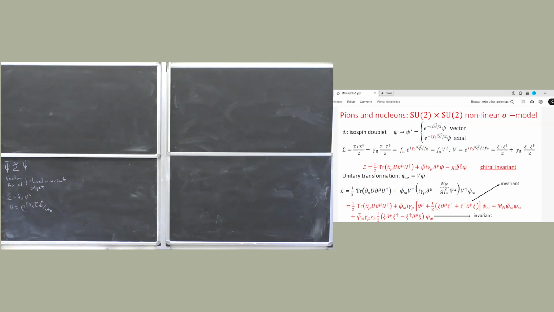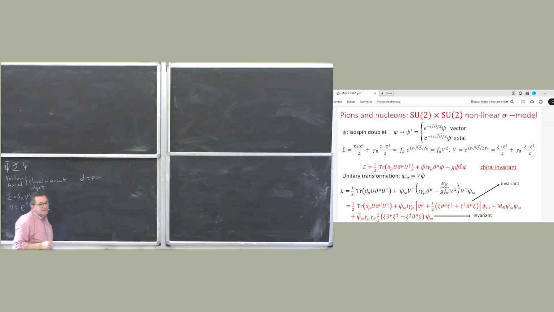And then, well, I think that we discussed yesterday, you can do a vector transformation, which is the first line there, or you could do an axial transformation. And then you should always bear in mind that in the axial transformation, you have always something related with the Dirac space, because you have the gamma 5. Then, if this object is a chiral invariant, then automatically, well, I have pions here, right?